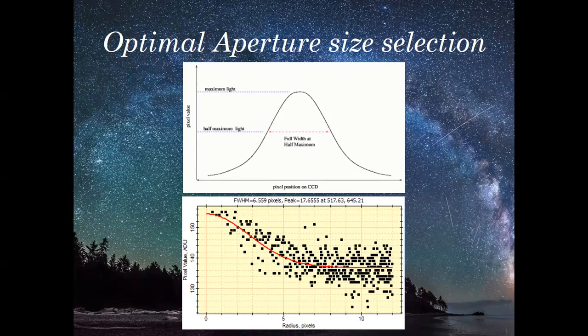Then you calculate the intensity at your maximum, and then you go to where the intensity falls to half of your maximum intensity, and calculate at which pixels this happens. This particular red shaded band will give you the aperture size or the aperture diameter.